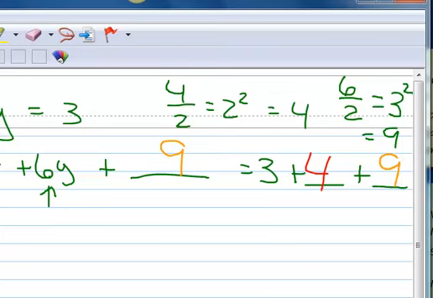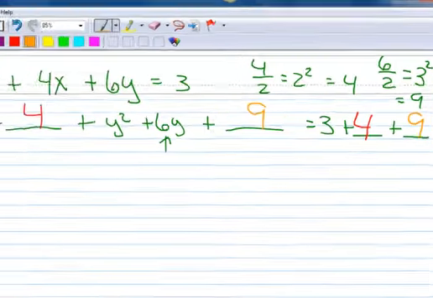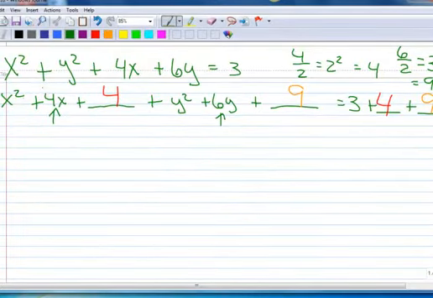Now here's where the magic happens. If you remember when we converted from standard form to general form, we expanded the binomial, in other words, we multiplied it out. So this is what it looks like when it's multiplied out. So what we're going to do is factor it, or unmultiply it, if you will. We're going to go in reverse.